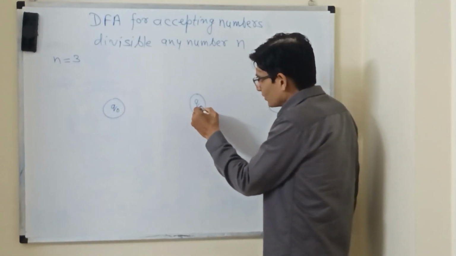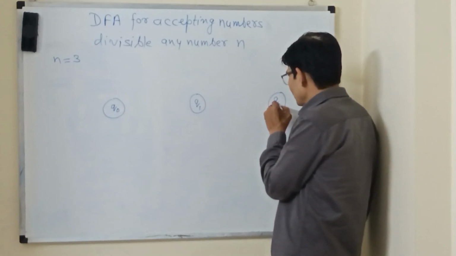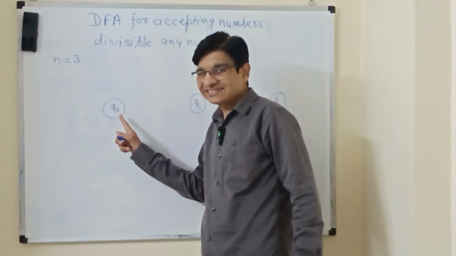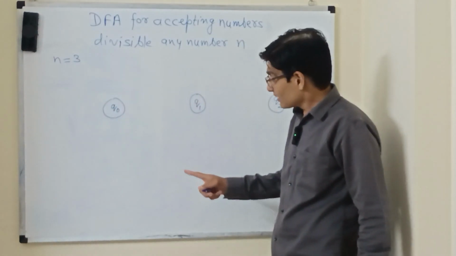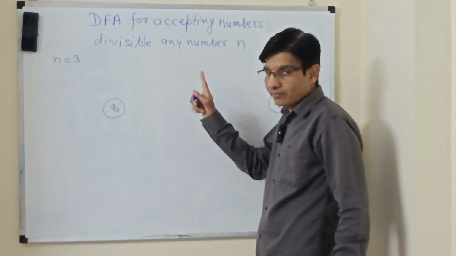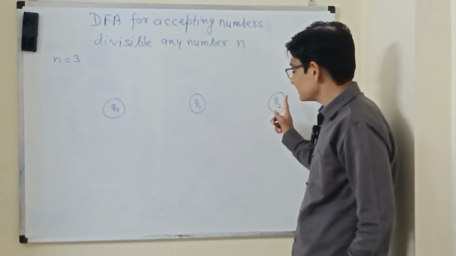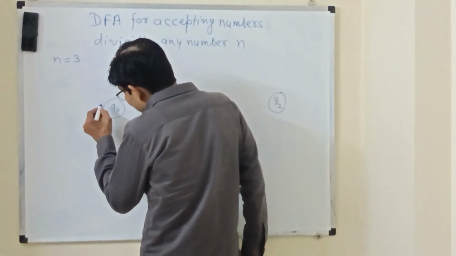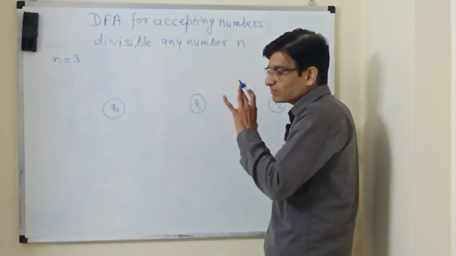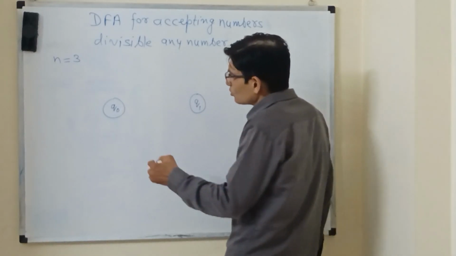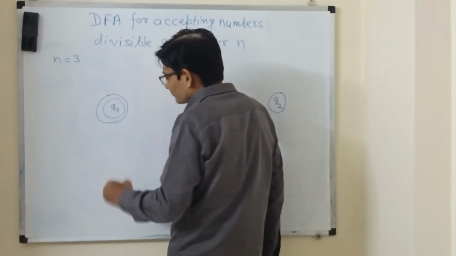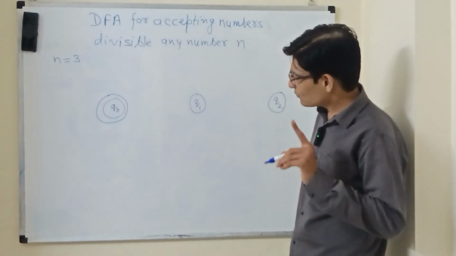Here it is q1 and here it is q2. That means q0 represents the 0 remainder state, q1 represents the 1 remainder state, and q2 represents the 2 remainder state. Now as we have to accept all numbers divisible by 3, we need to make this state the final state.